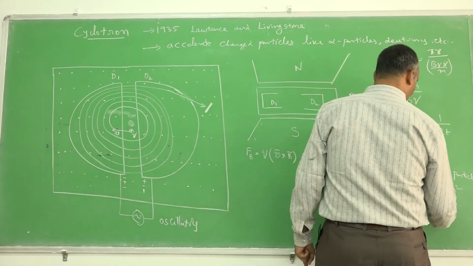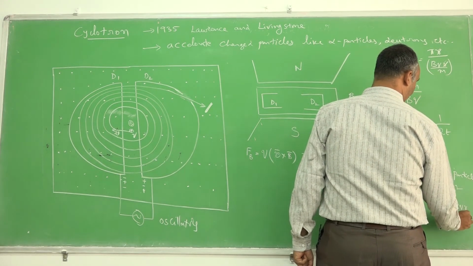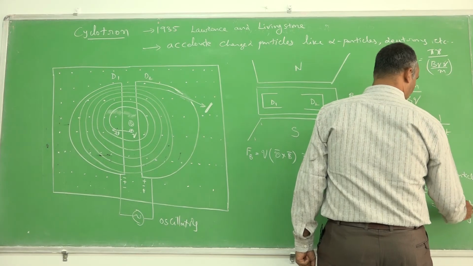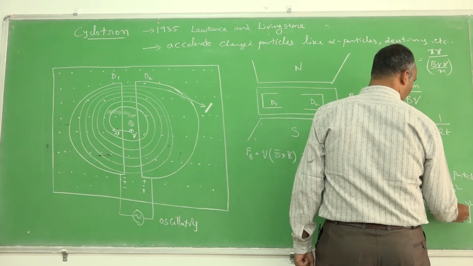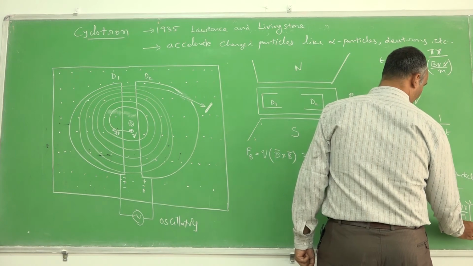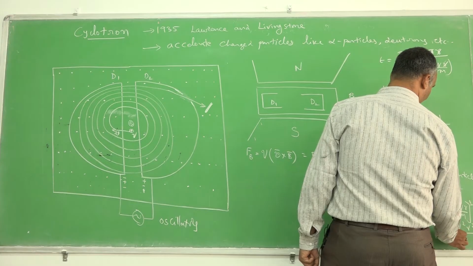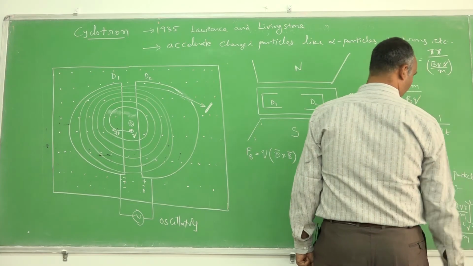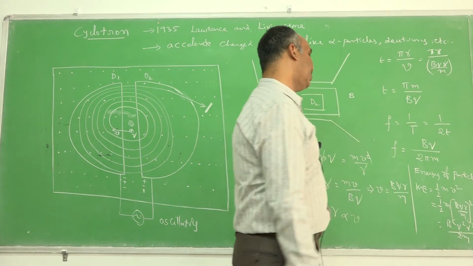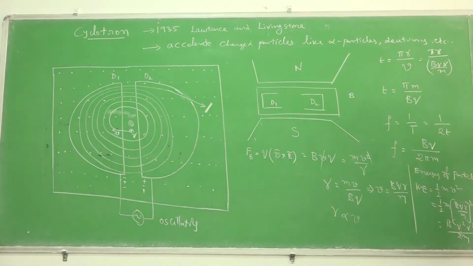So half into m into bqr by m whole square. So b square q square r square by m square, m and square get cancelled. b square q square r square by 2m will give me the energy of the particle.